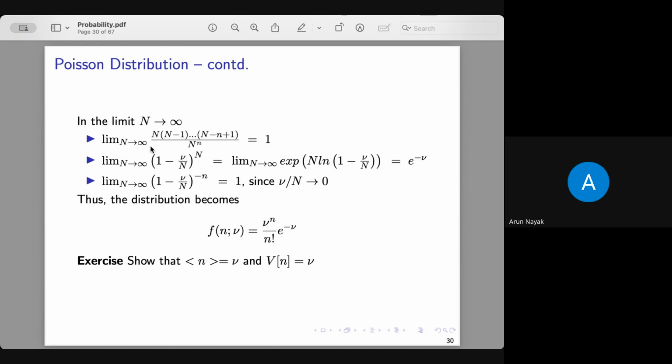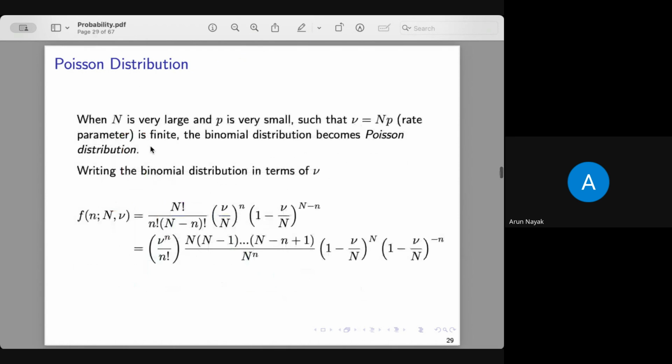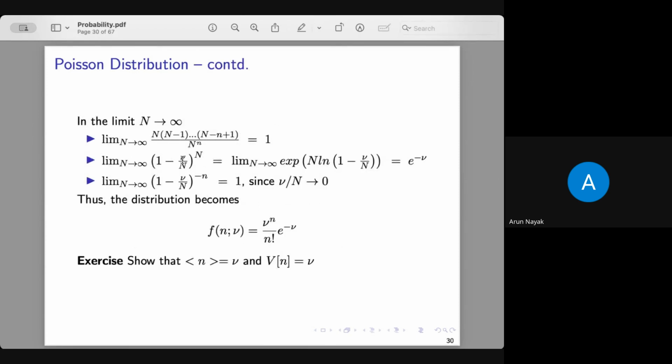This one we keep as it is, and this one, in the N tends to infinity limit, you can rewrite in terms of the exponential of N log of this, and then expand the log term.